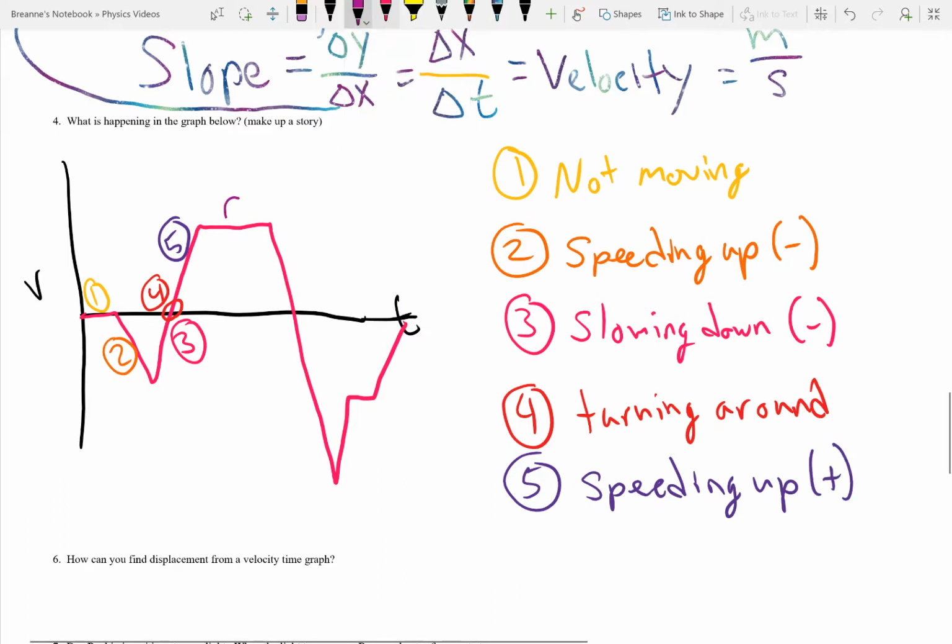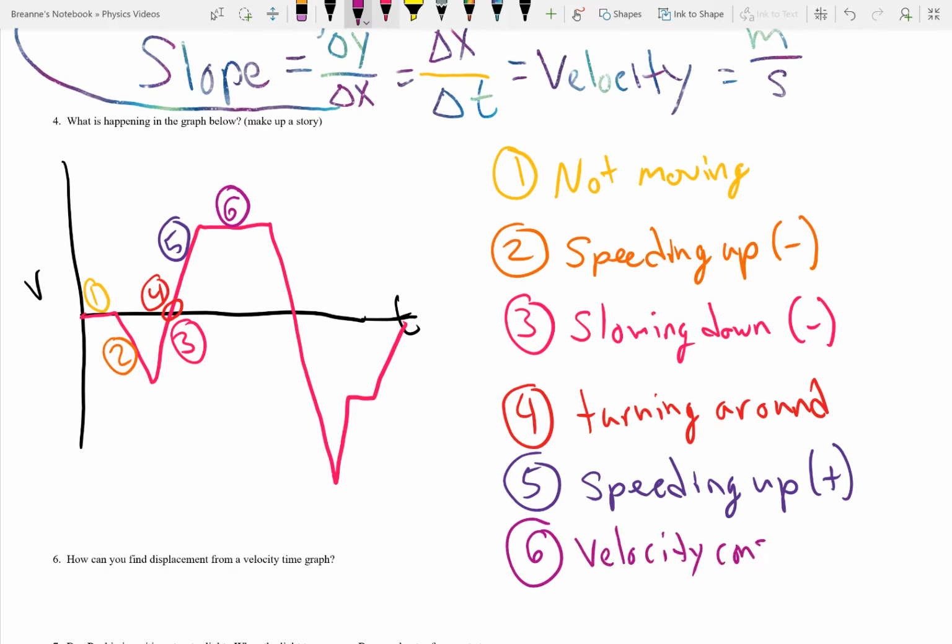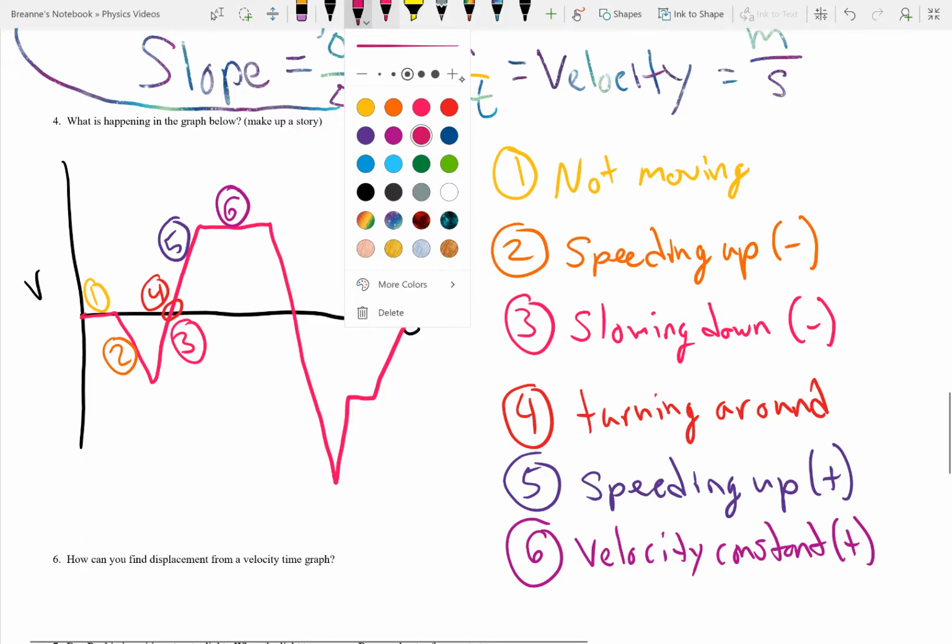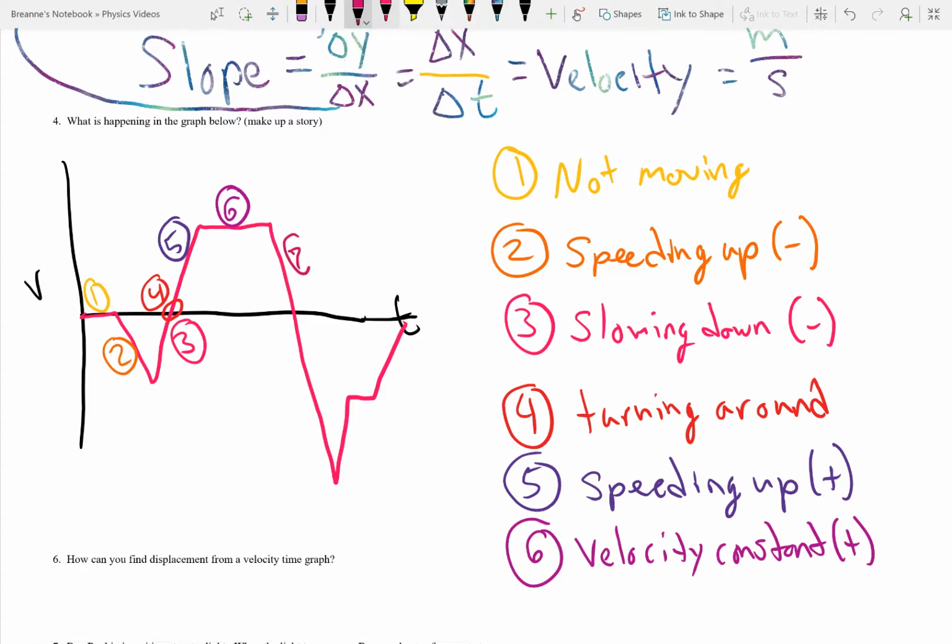Number 6, your velocity would be constant in the positive. For 7, we'll be slowing down in the positive.